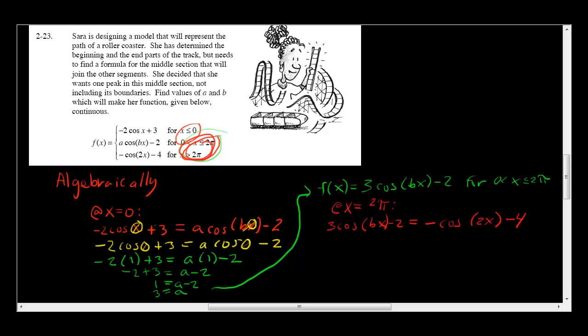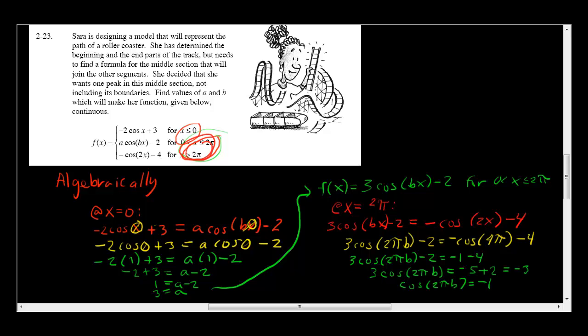If we plug in x equals 2 pi and simplify, cosine of 4 pi is 1, so negative cosine of 4 pi is negative 1. We do a little more simplification and get cosine of 2 pi b is equal to negative 1.